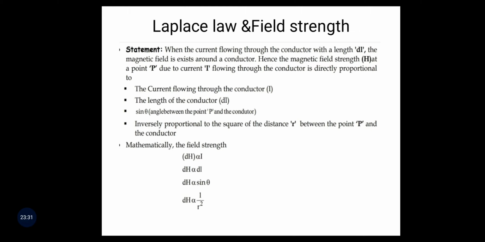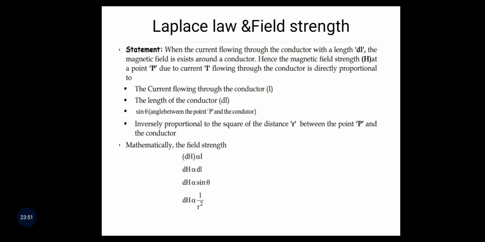Again we repeat the statement. When current flows through a conductor of length dl, a magnetic field exists around it.